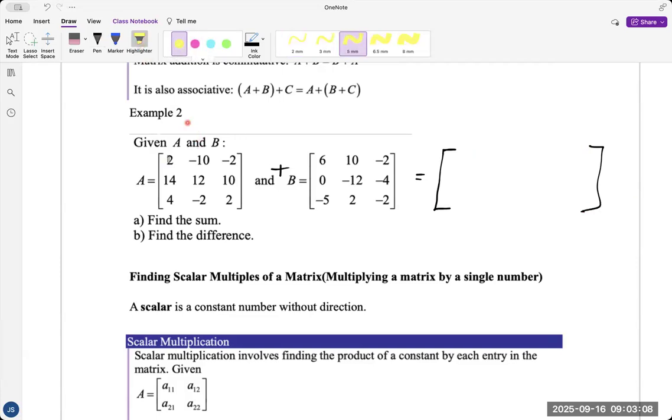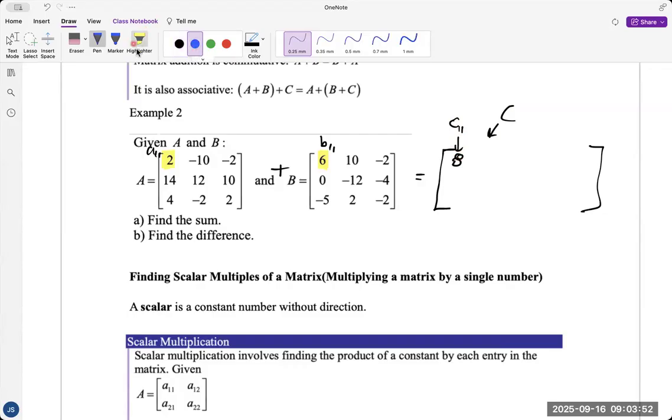I'm going to take the value in the top left corner, this is A11 and this is B11, as I'll call the little entries of matrix B. Basically they're saying the number that's in the same exact spot in matrix A as it is in matrix B, add those two together. So that's 2 plus 6, and that'll be 8, and that will be the entry of matrix C, over here. And this is what they will call C11. That's what they're going to call that term.